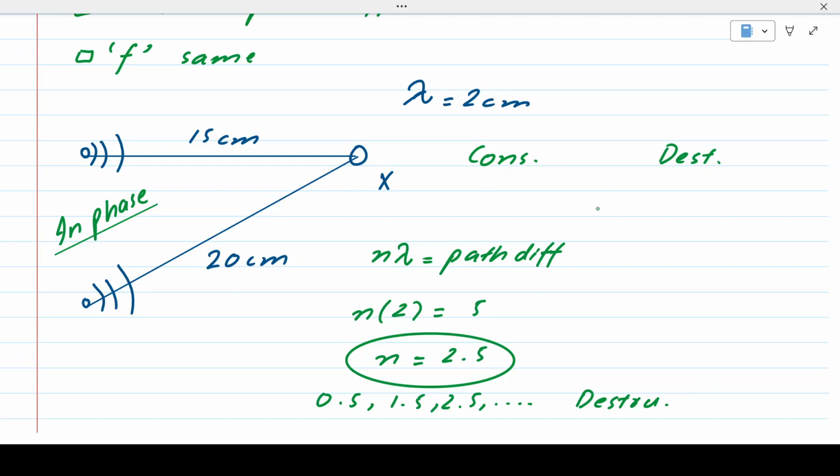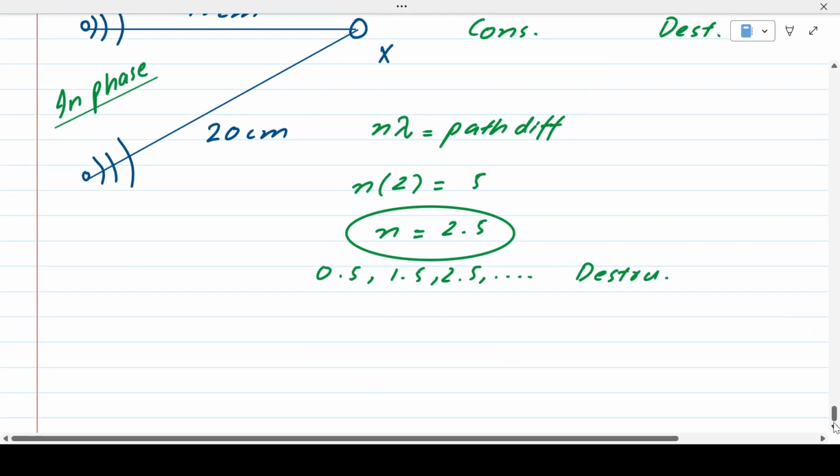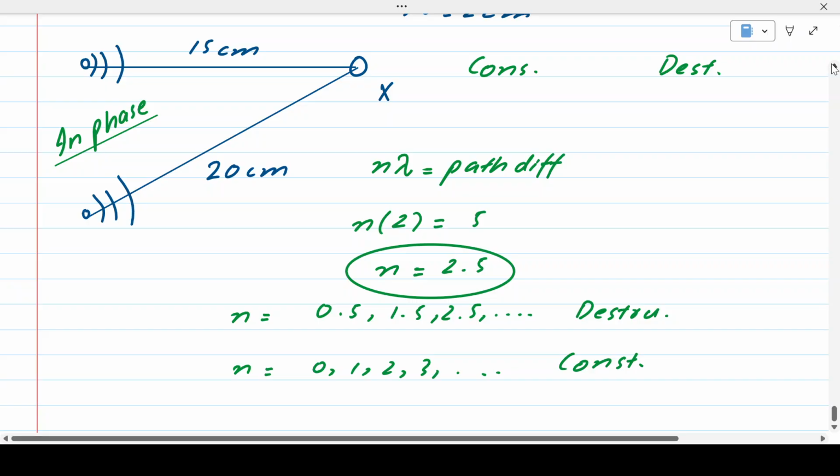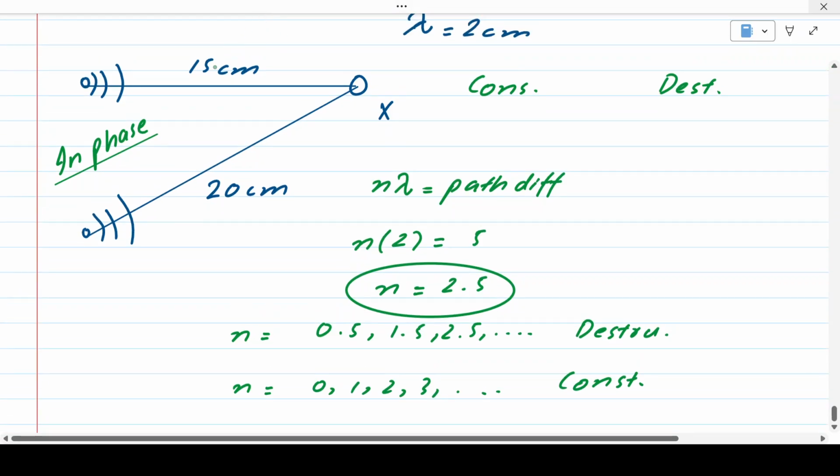But if the value of n was found to be 0, 1, 2, any of these, then constructive interference occurs at the chosen point. The twist is these two rules will be flipped over.